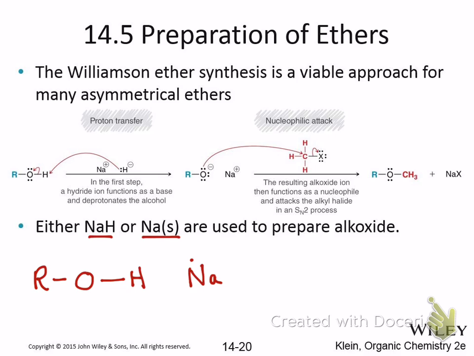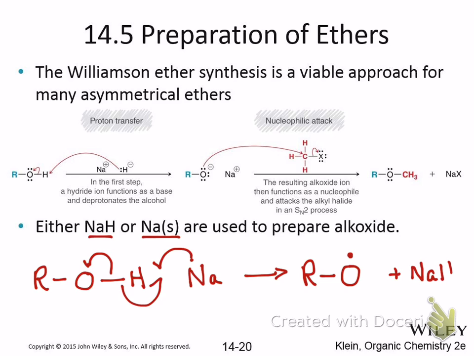At least this is the way I see it happening. Not drawing all the other lone pair electrons. And NaH. Now the NaH can do just like you see on the slide above it. Sodium hydride is what's produced down here.